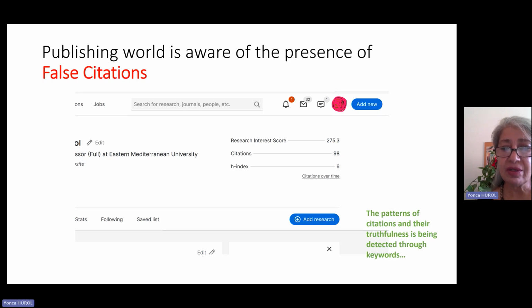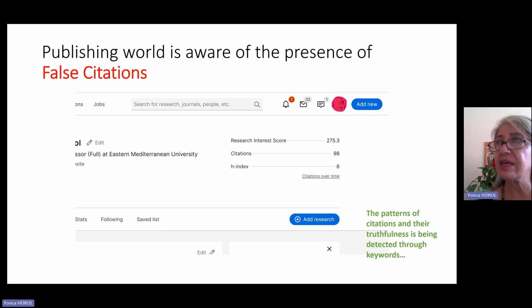But if it is done by such a way of organization between people, this is a huge problem as well. So now the publishing world is checking these citations, the patterns of citations, citation groups, and also who is citing who.